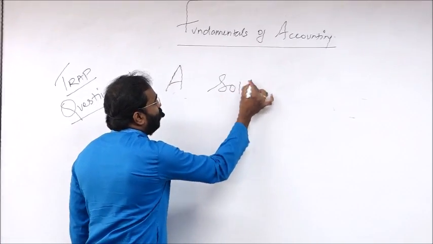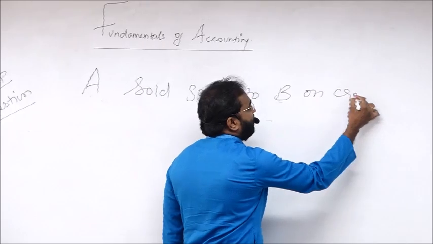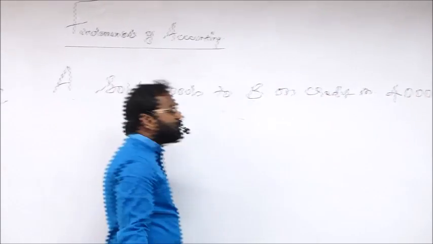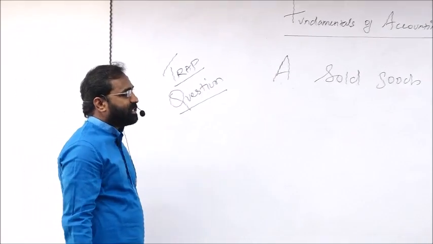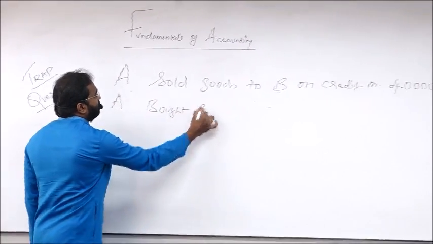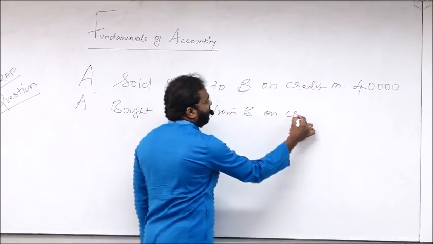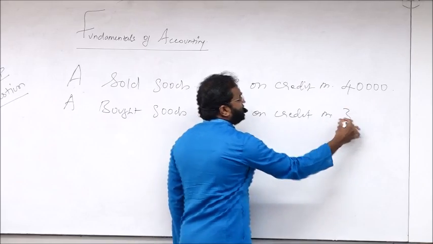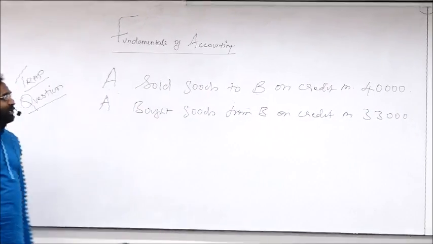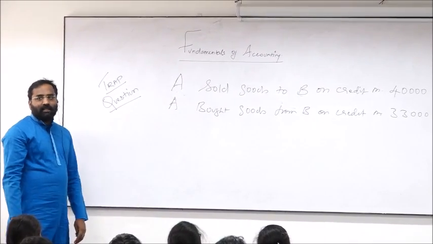A sold goods to B on credit rupees 40,000. A bought goods from B on credit rupees 33,000.